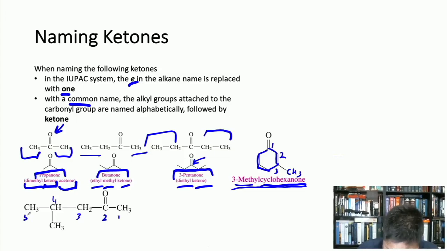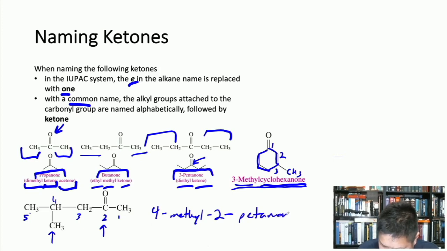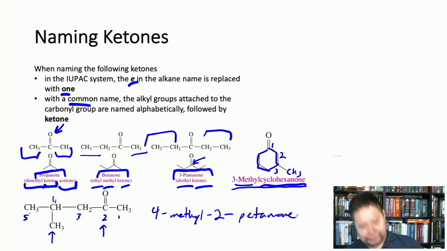We have a ketone at the 2nd carbon and a methyl at the 4th carbon. So alphabetically, 4-methyl, 2 because that's where the ketone is, it's not at 1, pentanone. Now we can talk about the properties of aldehydes and ketones in water.